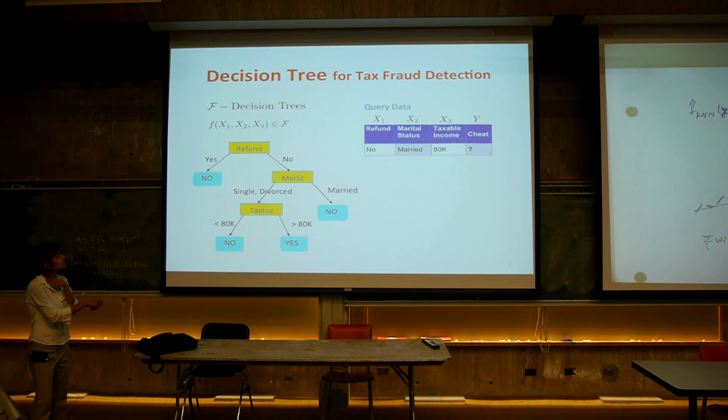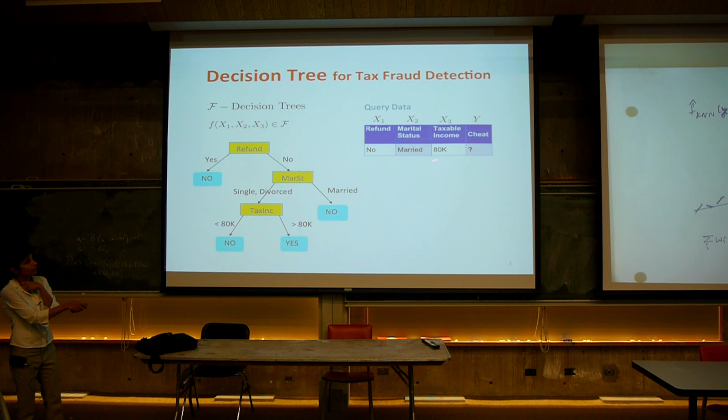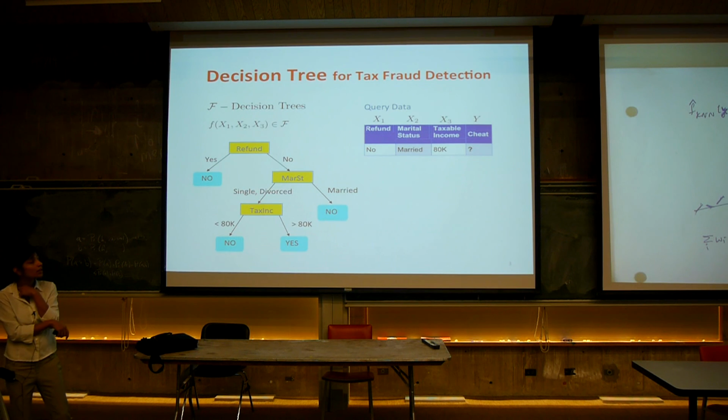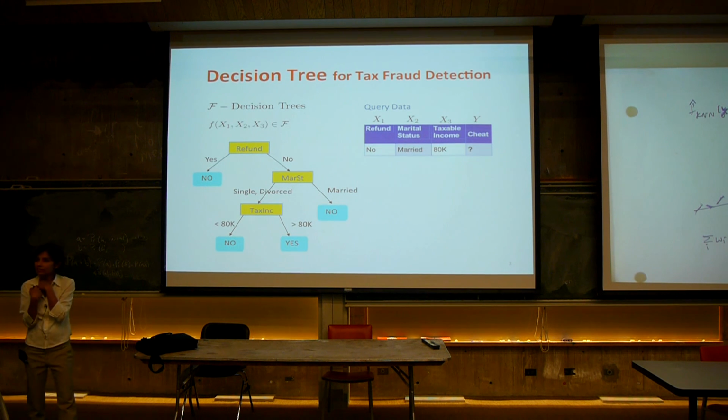It's essentially taking a bunch of features and their values and splitting based off of them, so every node represents a feature. This is data where, say, you are looking at people and representing them by features such as whether they got a refund last year or not, what's their marital status or their taxable income, and you're trying to predict whether they are going to cheat on their tax return or not.